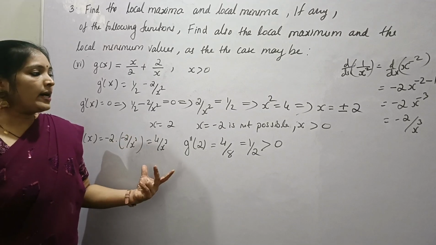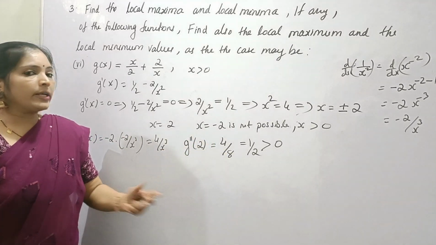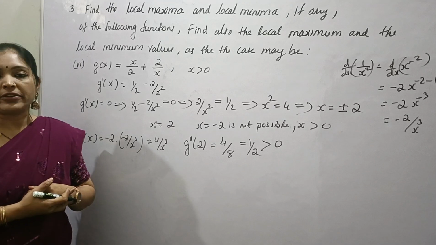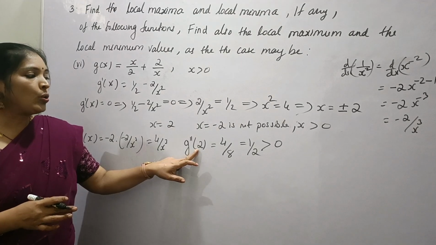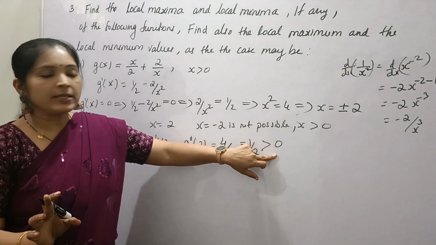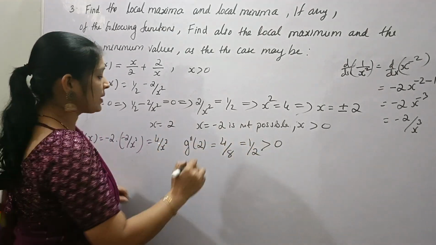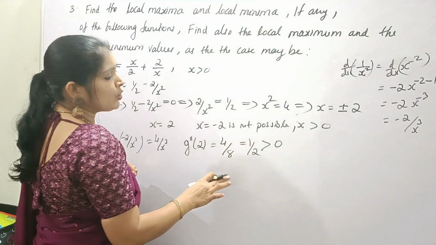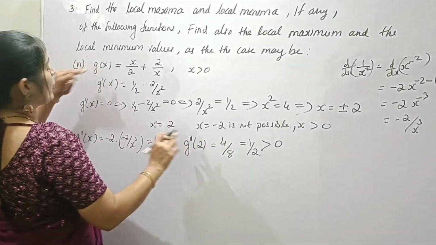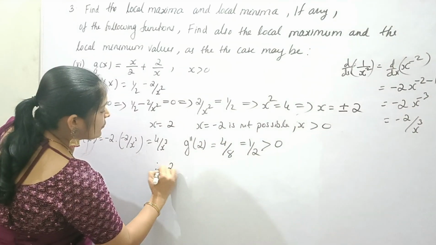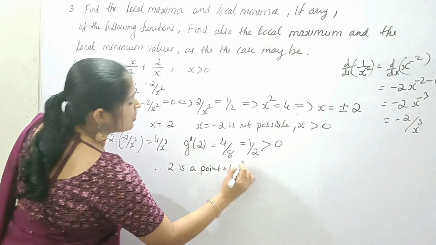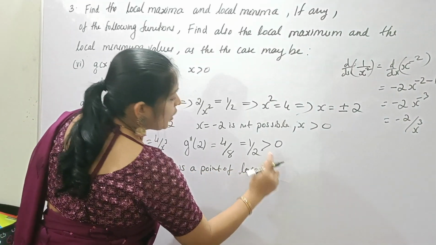Okay, so here we have got f double dash of c greater than 0. Then by the second derivative test we say 2 is a point of local minima, right? Local minima, and the local minimum value is found when we substitute x is equal to 2 in g of x. Okay, so 2 is a point of local minimum.